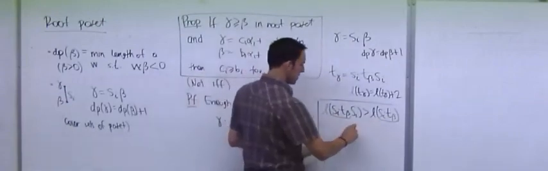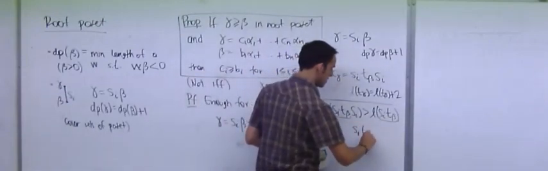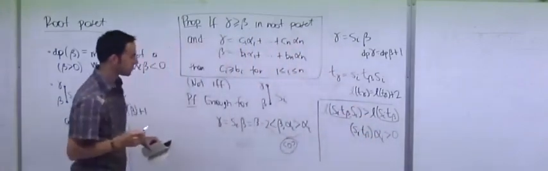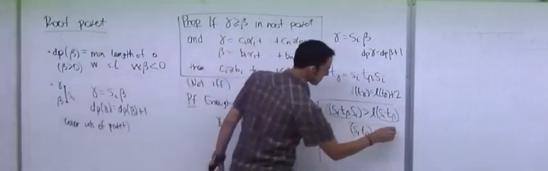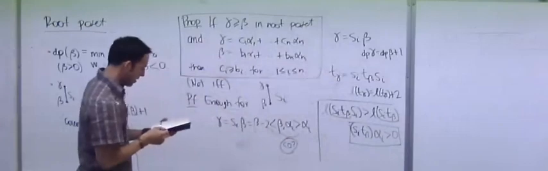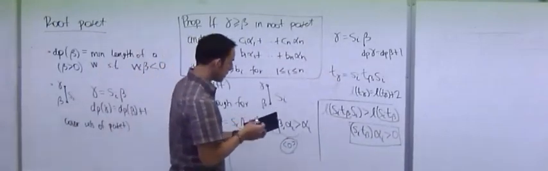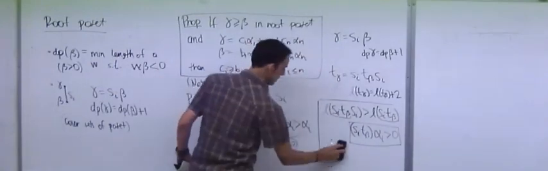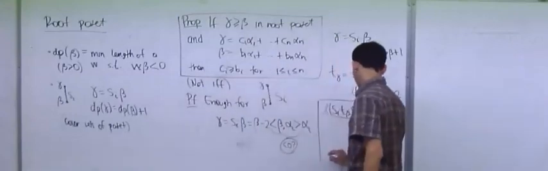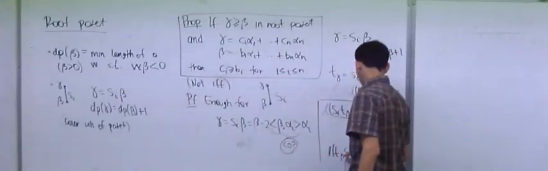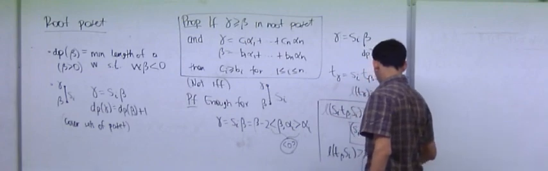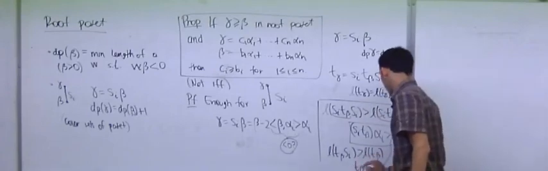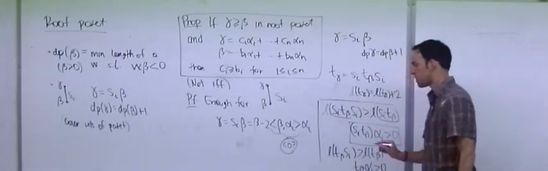This is equivalent to saying that s_i t_beta takes alpha_i into a positive root. And let's also do it for the other one. The length of t_beta s_i is bigger than the length of t_beta. And that means that t_beta also takes alpha_i into a positive root.